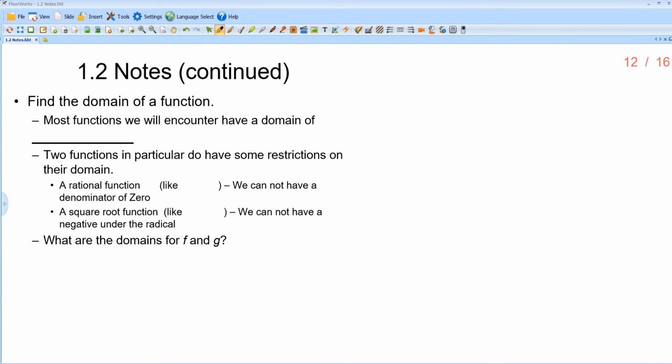Most functions that we will encounter have a domain of all real numbers. Because usually, if I'm working with something that's linear, we're in this chapter where we've been talking about linear things, I usually don't have any restriction on x.